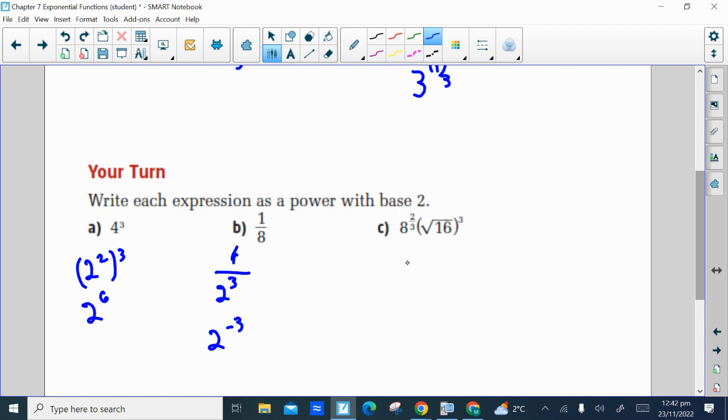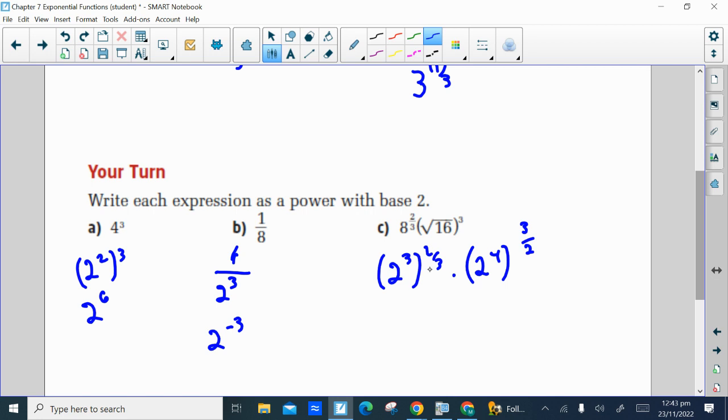And then for the last one, 8, which is 2 cubed, has to be raised to the power 2 thirds, times 16, which is 2 to the 4th, and that's the square root of 16, which means the denominator is 2 raised to the power 3, so it's 2 to the 4th to the power 3 halves.